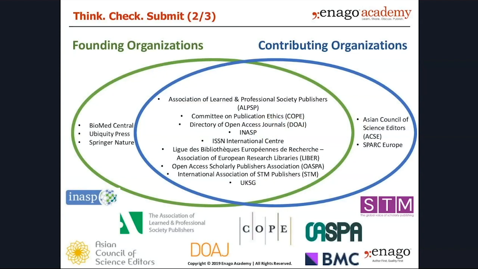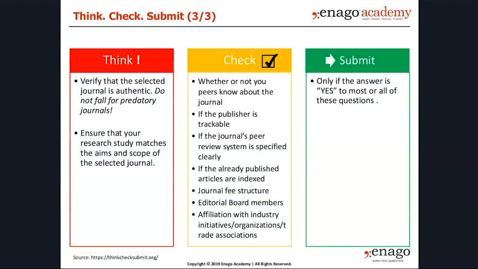So Think, Check, Submit is an initiative started by all of these organizations. There's the Committee of Publication Ethics in the middle, open access publishers associations, and this DOAJ at the bottom, the Directory of Open Access Journals. And I'll get to them in a little bit more detail in a minute.